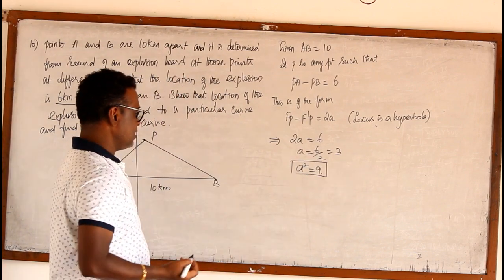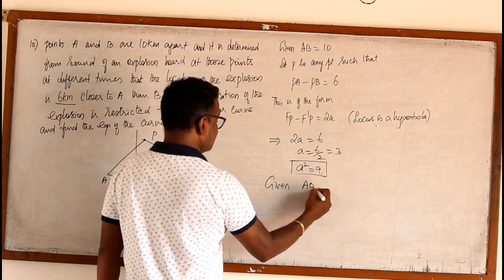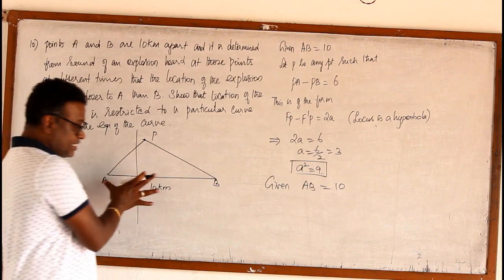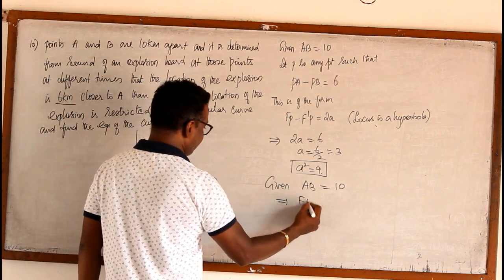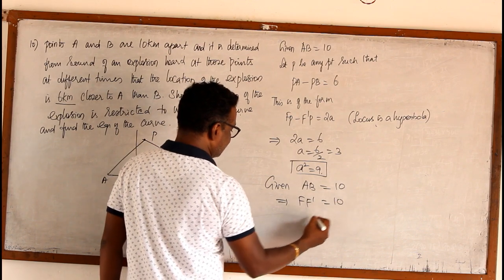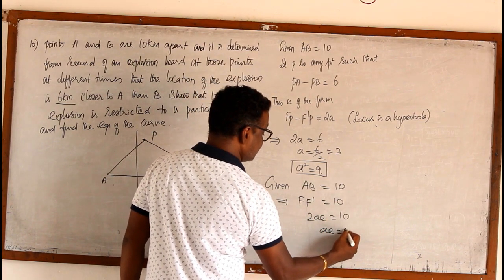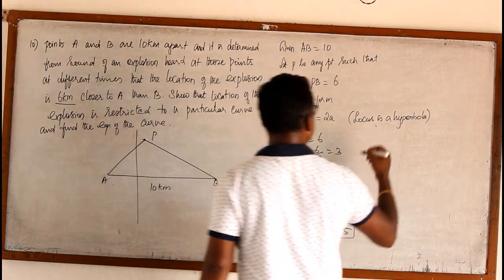So I found the value of a square. Now given again AB equal to 10, isn't it? That means the distance between these two is 10. That means the distance between the fixed points, FF dash, equal to 10. That is 2ae equal to 10. Therefore ae equal to 5. From this I can find b square.